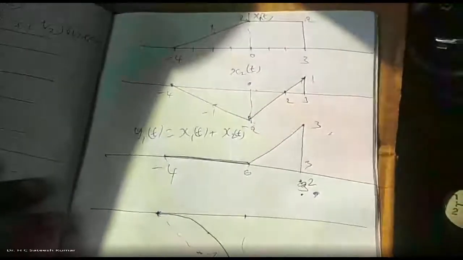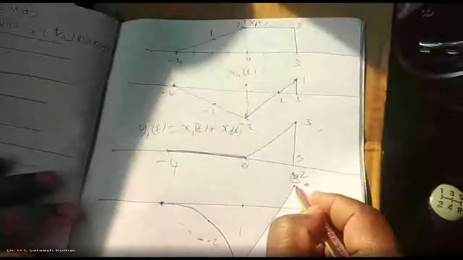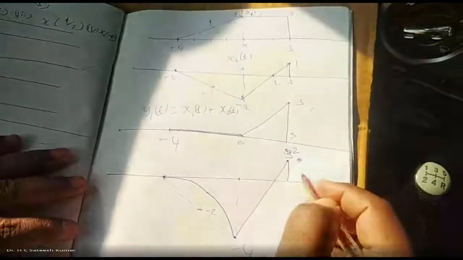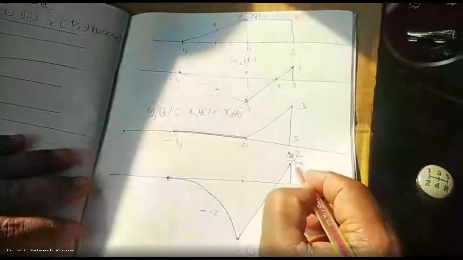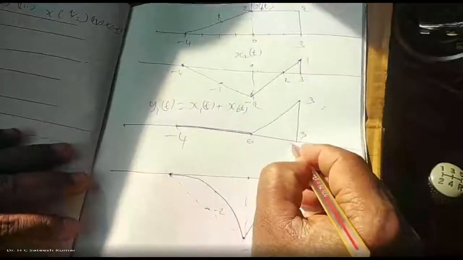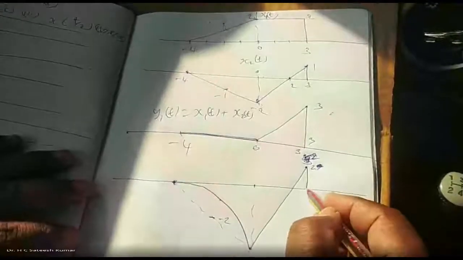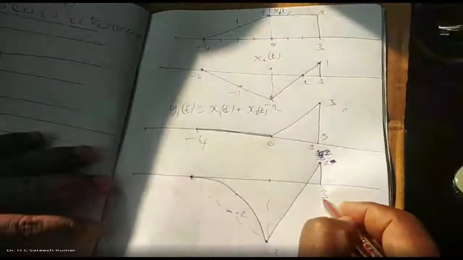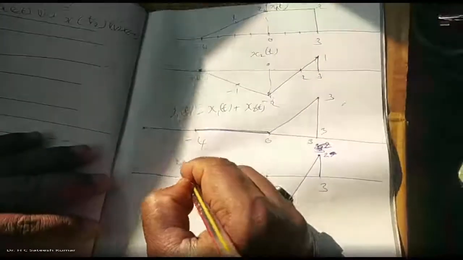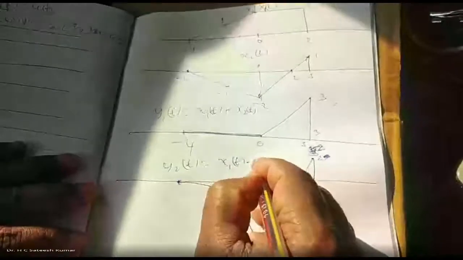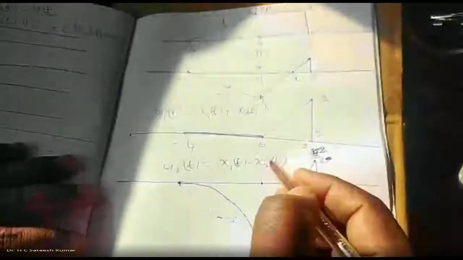It will go up to 2 and it will come back. So this amplitude is 2 and this is 3. Okay, right. So that is your y2 of t, which is equal to x1 of t into x2 of t. So this will fetch you 2 more marks.